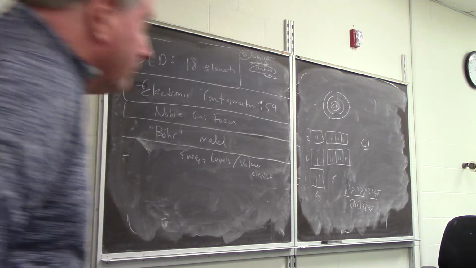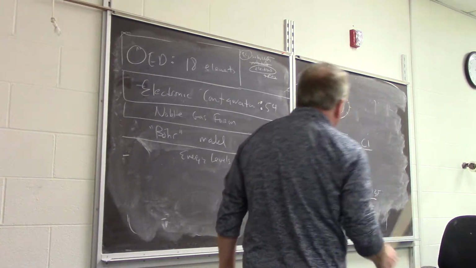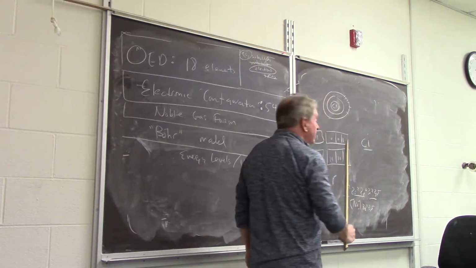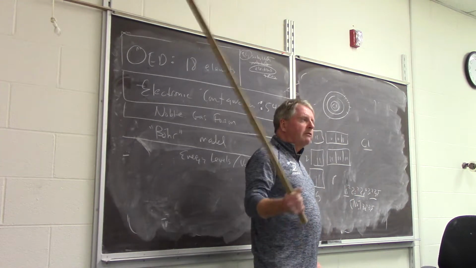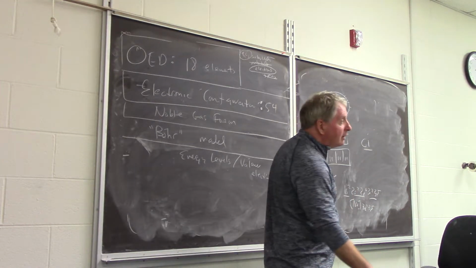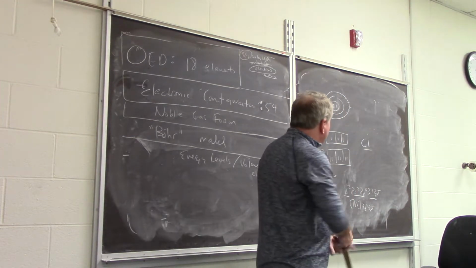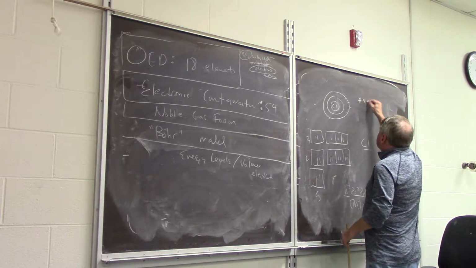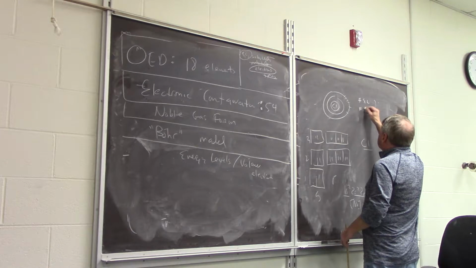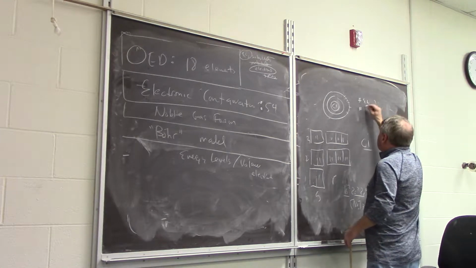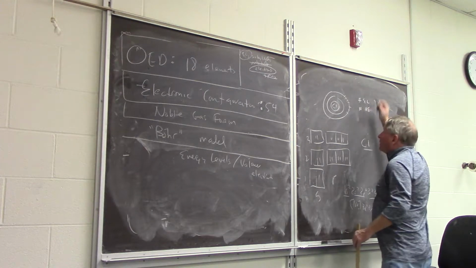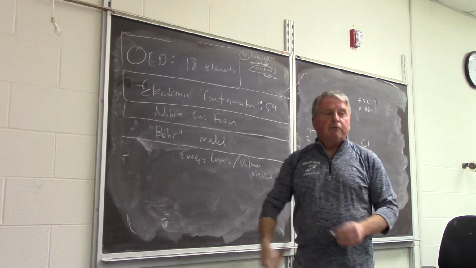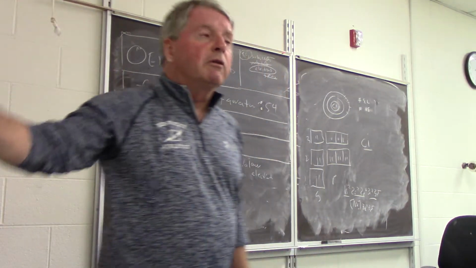So we can figure this model out from any of these, but there's a real quick way to figure it out from the periodic table. This is energy levels. The number of valence electrons is what row it's in.